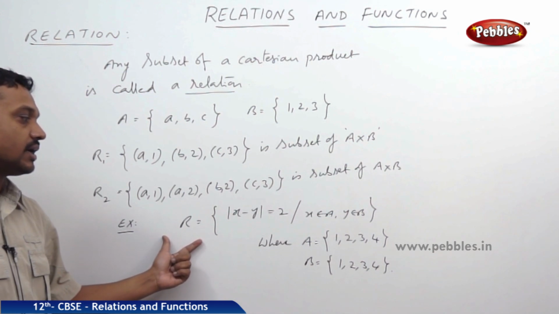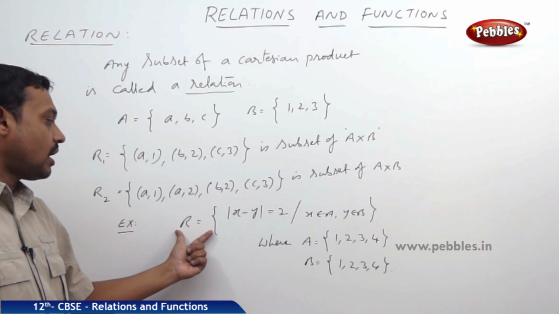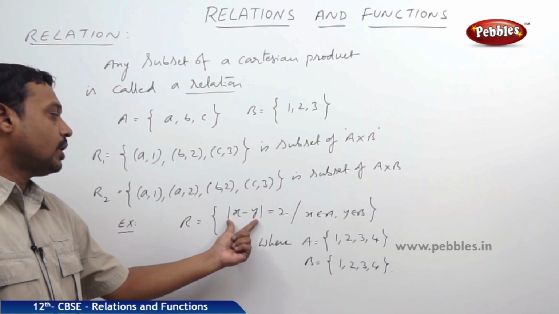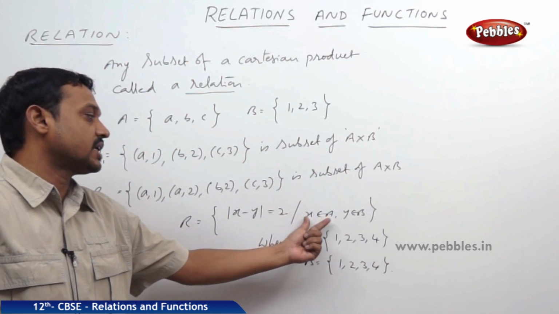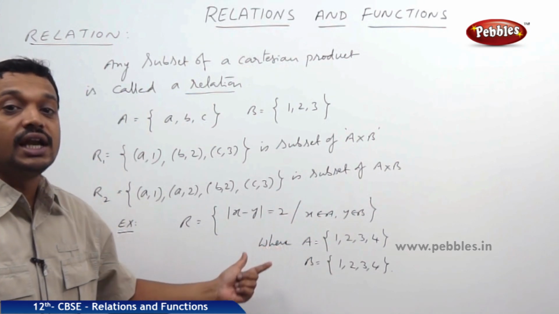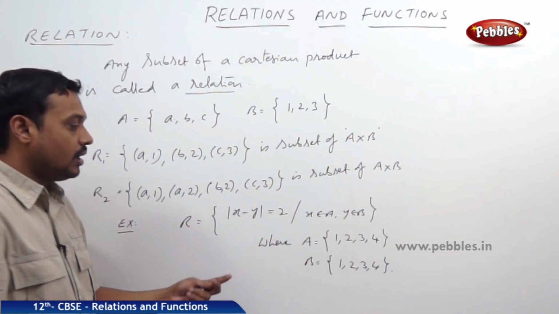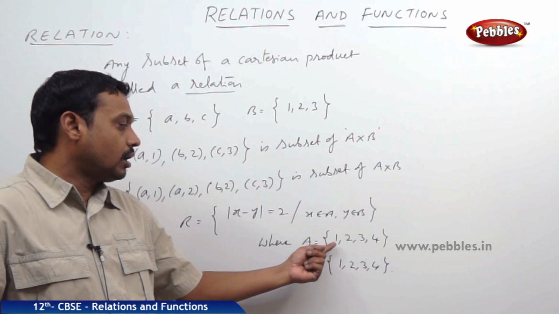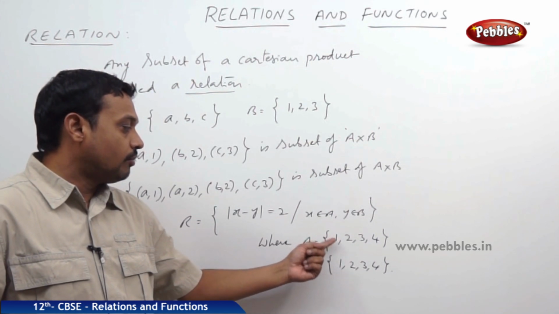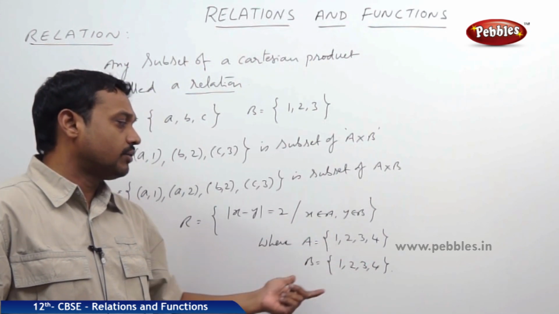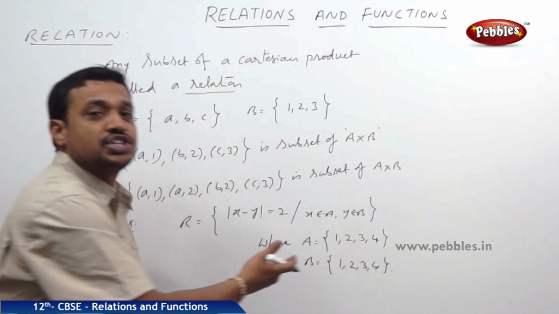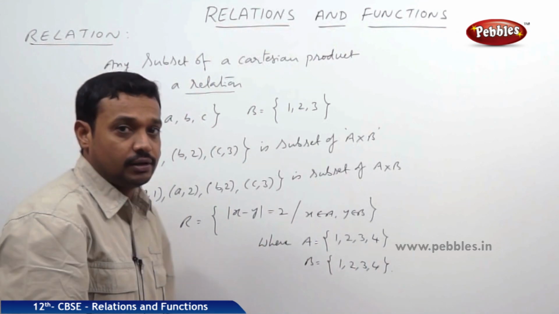Now, let us check whether this R, modulus of x minus y equal to 2 such that x belongs to A, y belongs to B, is a relation or not. Actually, here we have (1,1), (1,2), (1,3), (1,4) like that. We can define 4 into 4, 16 ordered pairs.